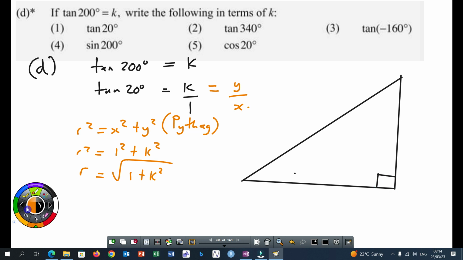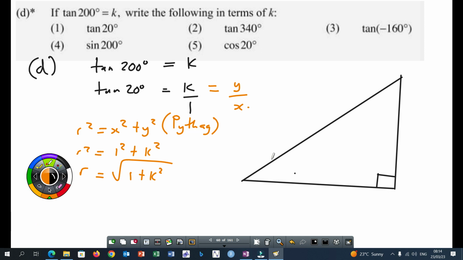Our reference angle is now 20 degrees. So r is the square root of 1 plus k squared, y is equal to k, and x is 1. Once you have got all this information, your x, your y, your r, and your diagram, you should be ready to answer the rest of the questions.